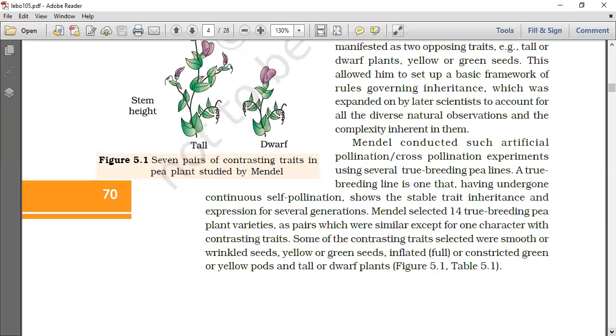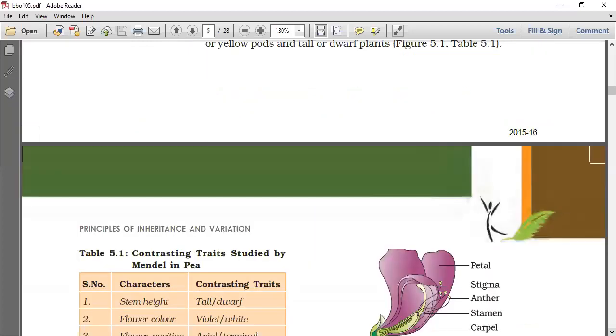For height, tall and dwarf; for seed color, yellow and green, likewise. Some of the contrasting traits selected are smooth or wrinkled seed, yellow or green seed, inflated or constricted pod, green or yellow pod, tall or dwarf plant. All these are contrasting traits. Do remember there are 14 true breeding pea plant varieties like this.